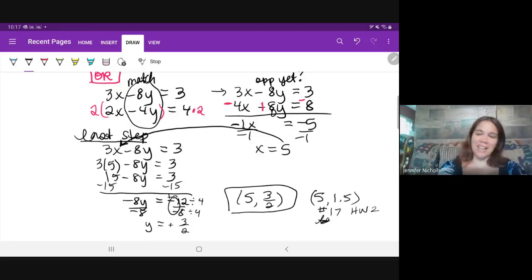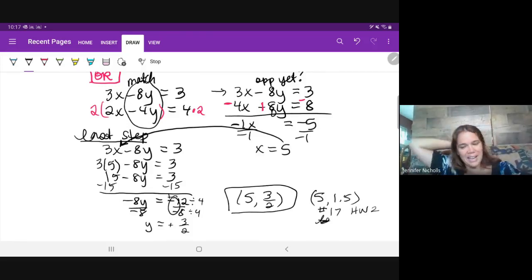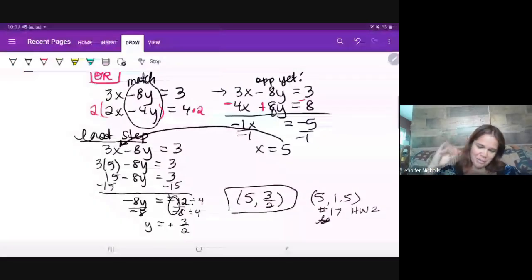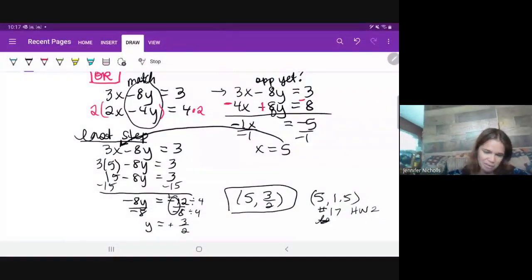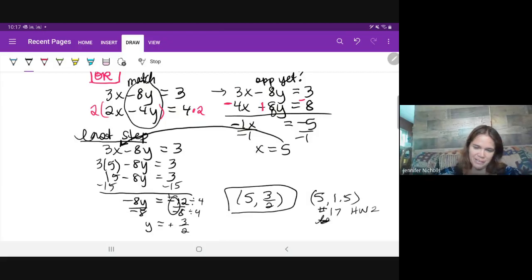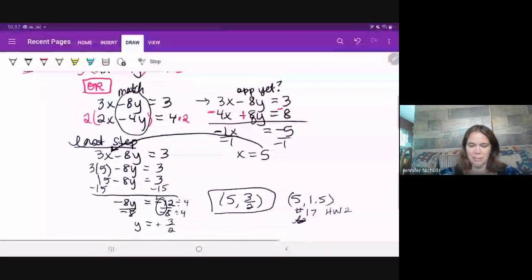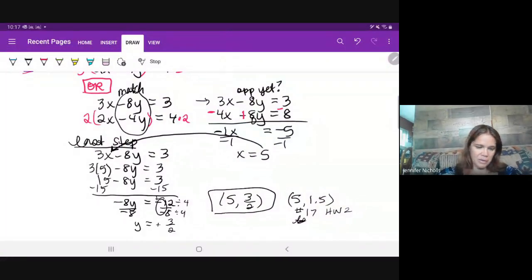So then you had to guess. Did any of you get that they hit at 1.5 from last night? Look at your math homework number 2. This is definitely more effective than randomly guessing. What if it hit at 1.4? We wouldn't have known on a picture of a graph. That's really cool.